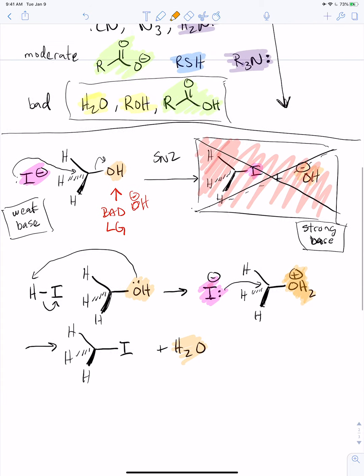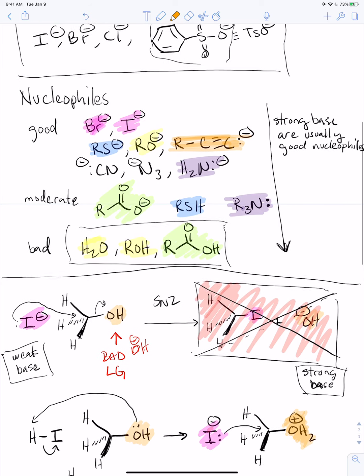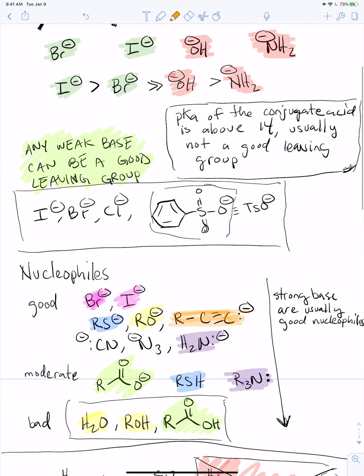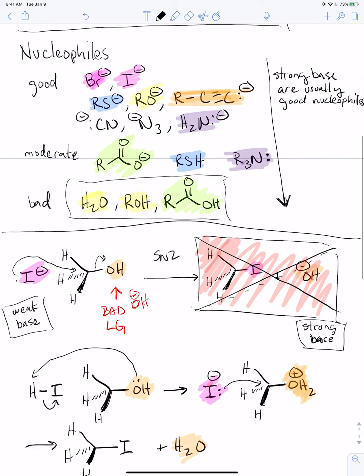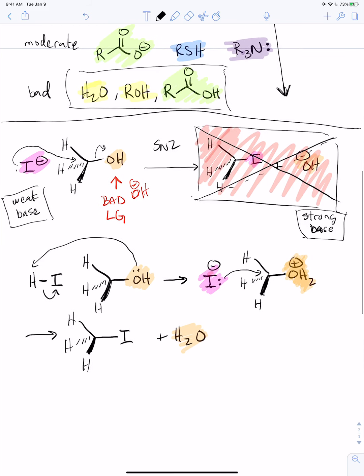So if we wanted to go back to our leaving groups, I'm going to scroll back up, trying to do this slowly. We could add in water as a good leaving group as well. Okay, and similarly, alcohols make good leaving groups. So if you come back down here and look at this, if you wanted to take the hydrogen here and swap it out for something else like a methyl group, you could still do this reaction.